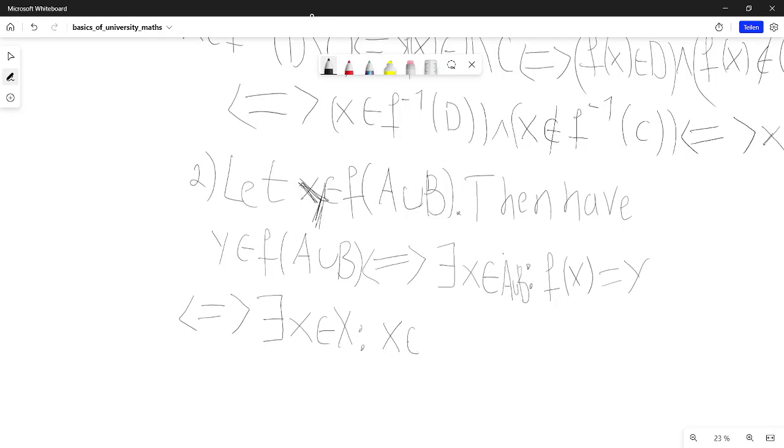X element A. I'm just writing. So imagine we have found such an x, and for this x the following holds, and I'm just writing existence because we have found such an x, but we have not specified, well, let that be x. So again, existence. We just have taken such an x. That means nothing else but that. And f of x is equal y.